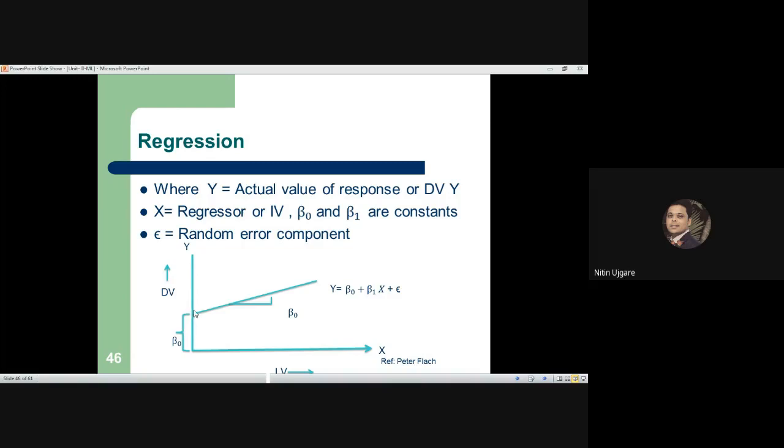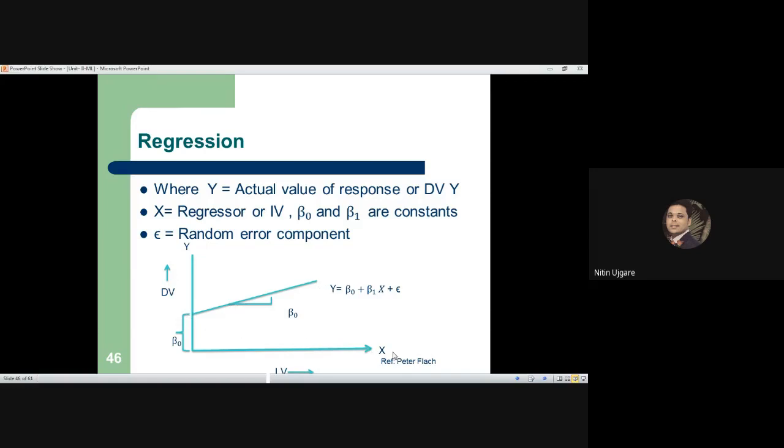So the intercept of the linear regression line to the y-axis is represented by the model parameter called beta 0. Whereas the slope of the linear regression line is beta 1, so beta 1 indicates the slope of the linear regression line. So this line is my model.